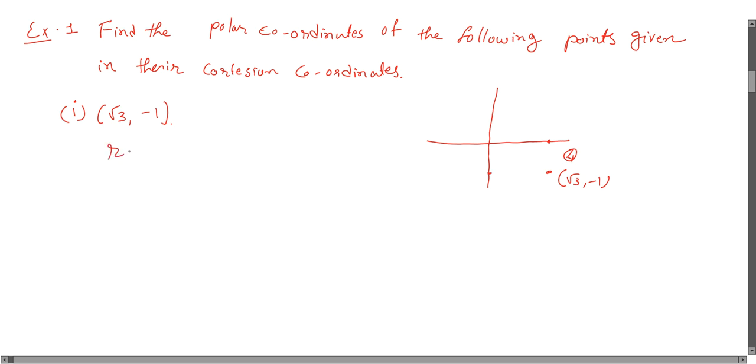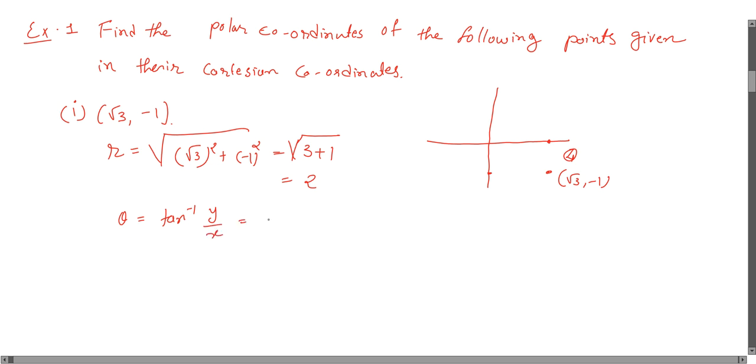Now what is the r formula? That is r is the square root of x0 square, that is root 3 square plus (-1) square, that is square root of 3 plus 1, that is square root of 4, that is 2. And theta is tan inverse y by x, that is tan inverse (-1) by root 3. I can bring this minus common because tan is an odd function.